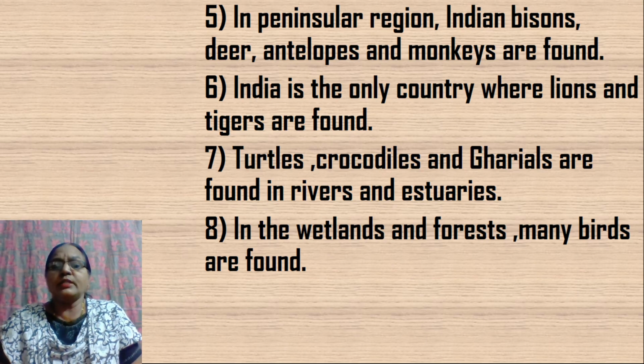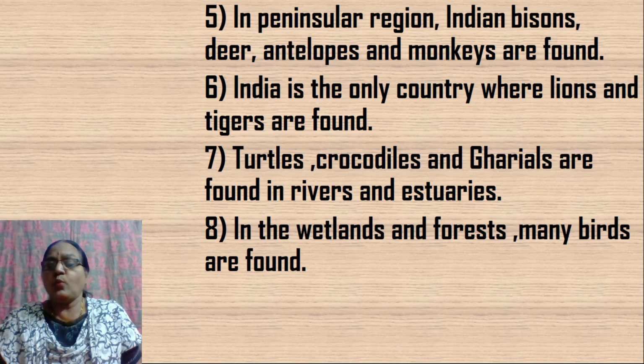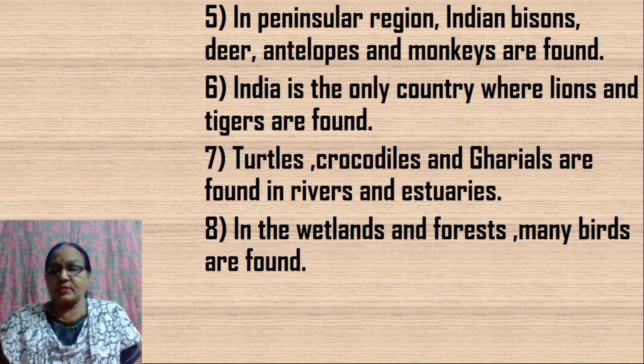And in the south, that is the peninsular region, we have bisons, the deer, antelopes, monkeys, etc. Then donkeys and camels can be seen in the desert regions. And India is the only country where we have both lions and tigers.